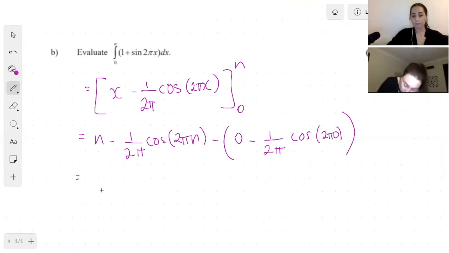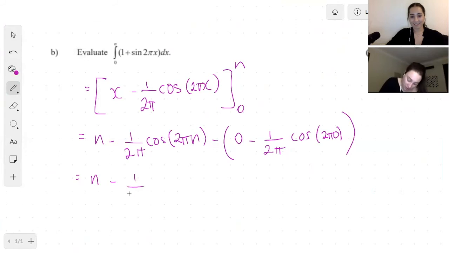So the second part becomes 0. Does it? What's cos of 0? 1. Yeah, cos of 0 is 1. Right, so it does become something.